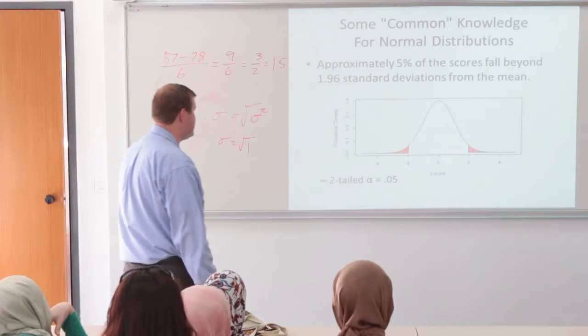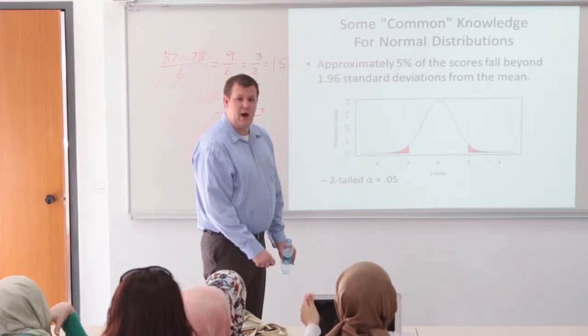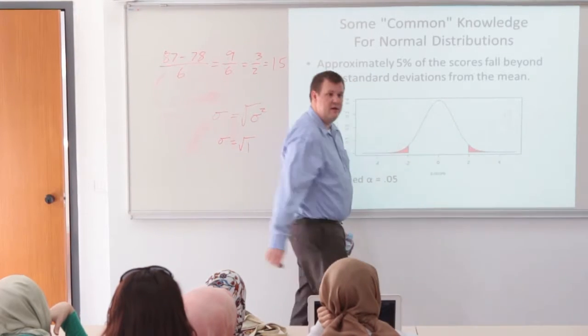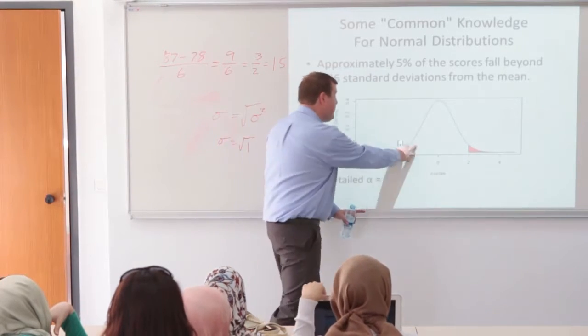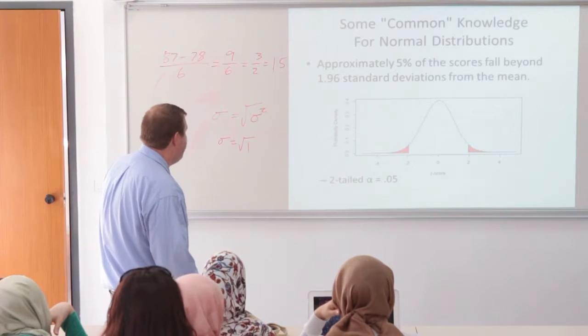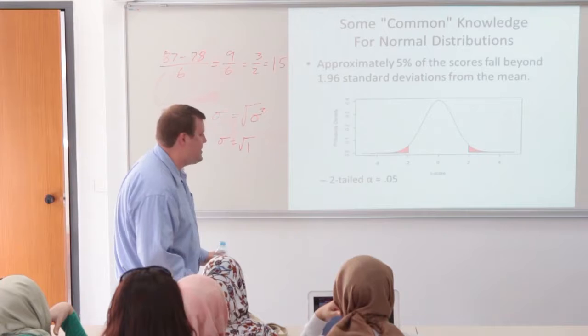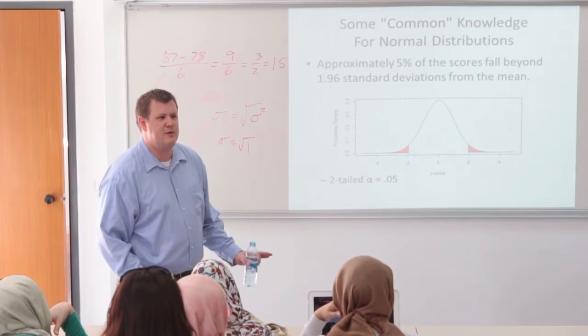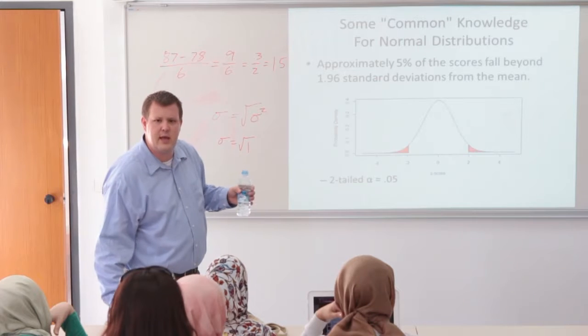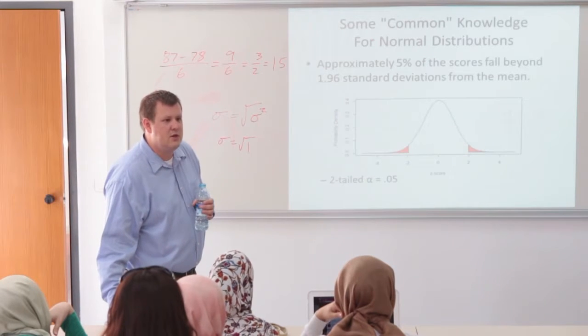Now notice this is 2-tailed. If you want the 1-tailed, that means you want 5% over here, or over here, depending on which direction you're looking at. Now, if you were looking for a 1-tailed alpha of 0.05, do you have enough information based on what I've given you to figure out what that is? You do.